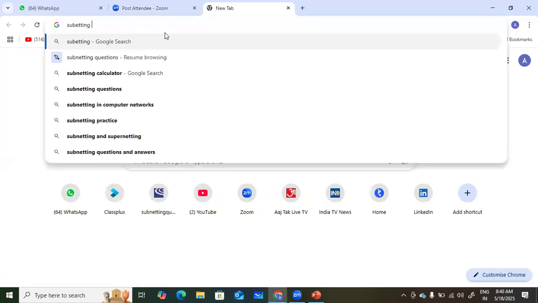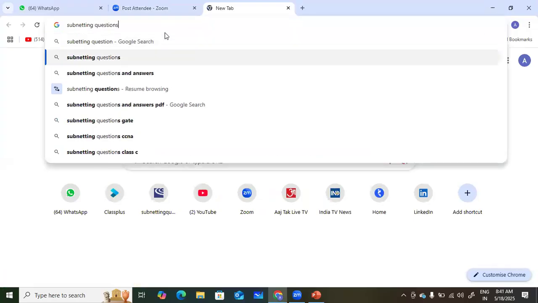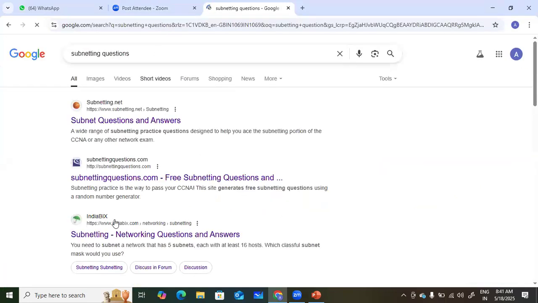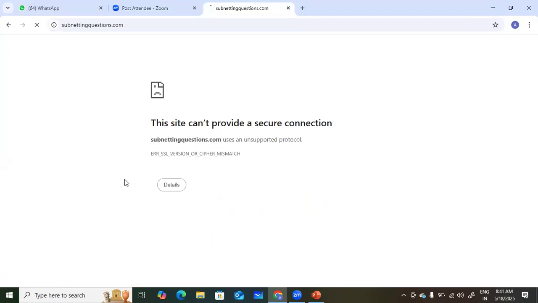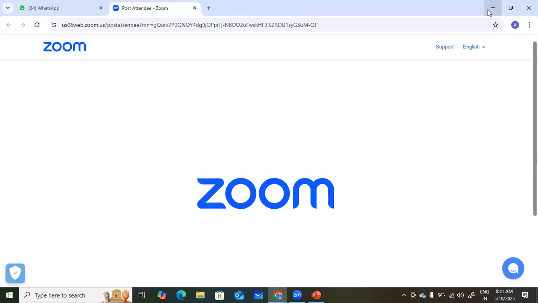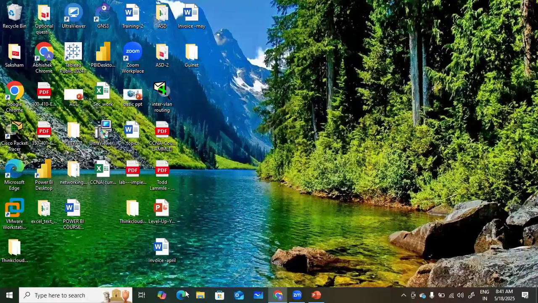Subnetting. The first link, just click on it. Just wait a second. Let me open it in a different browser.